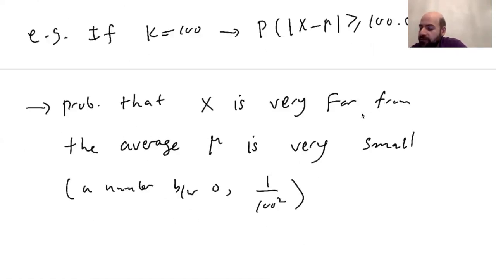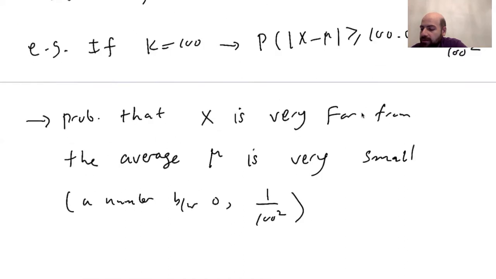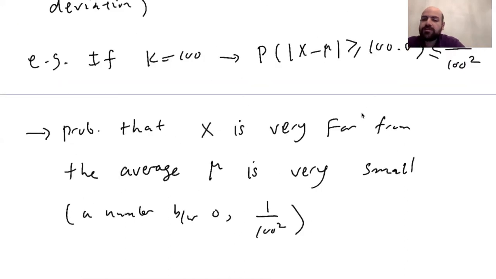So when I say very far here, again, remember absolute value X minus mu shows the distance between X and mu. So the probability that the distance between X and mu is bigger than 100 sigma is a number between 0 and 1/100 squared, which means a very small number. So that means X and mu cannot be very far from each other, because the probability that they are very far from each other is very small.